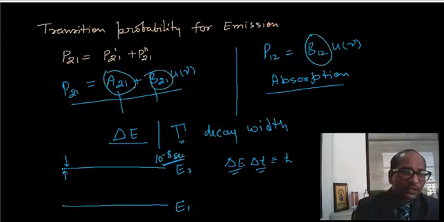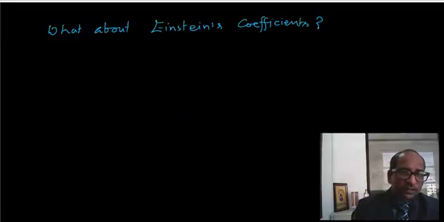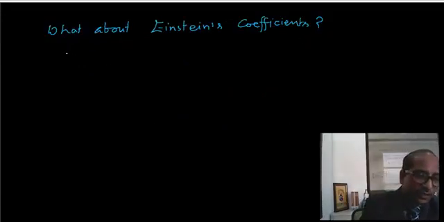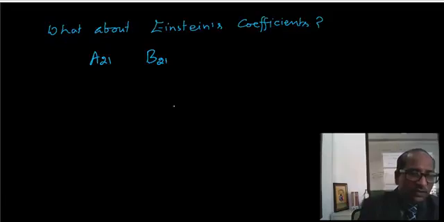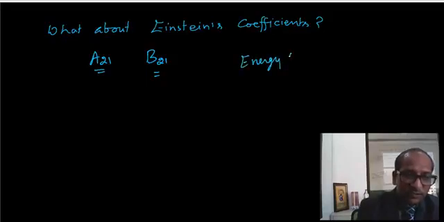Because of that, the transition probability depends on the Einstein coefficient, and one can say whether spontaneous emission or stimulated emission will dominate on the basis of the Einstein coefficients.